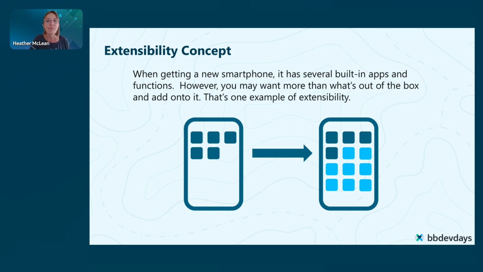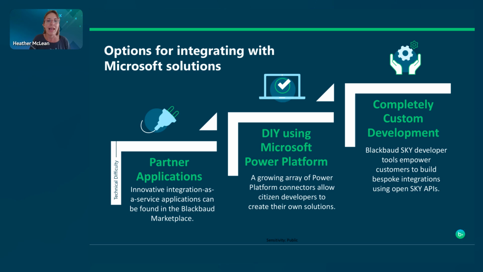And there are several ways that you, as a consumer of our products, as a customer, can extend those Blackbaud solutions. One, the easy way, and you've probably learned about this from a number of our sponsors here today at BB Dev Days, is partner applications. These are companies who have created purpose-built solutions that you can find and connect with in one click through the Blackbaud marketplace.